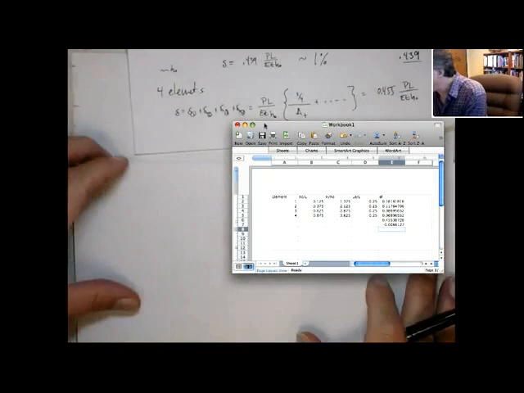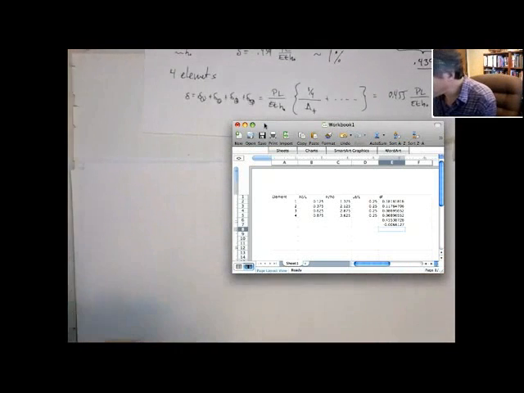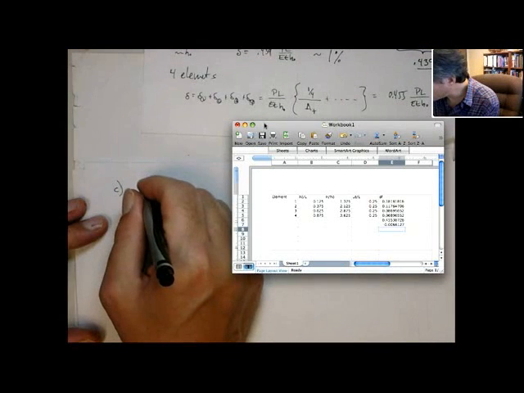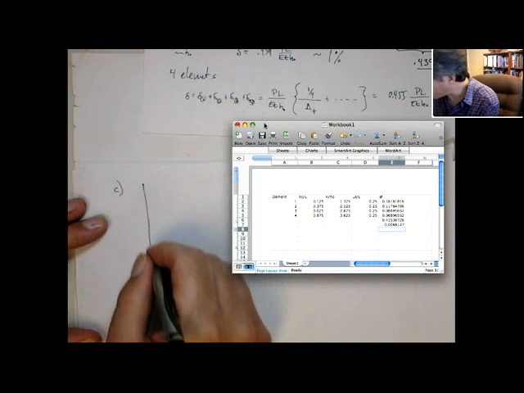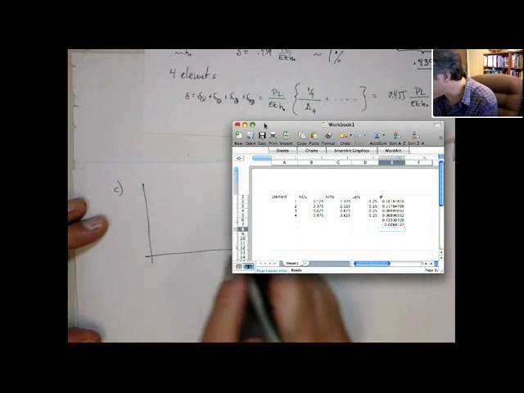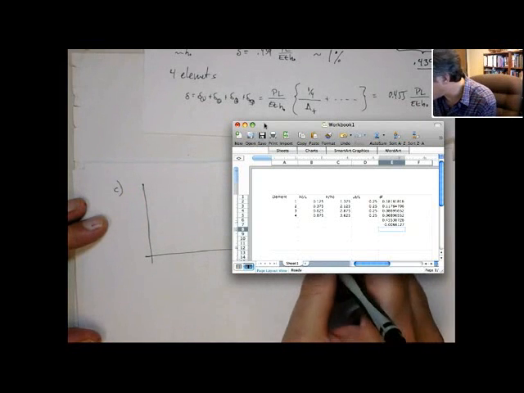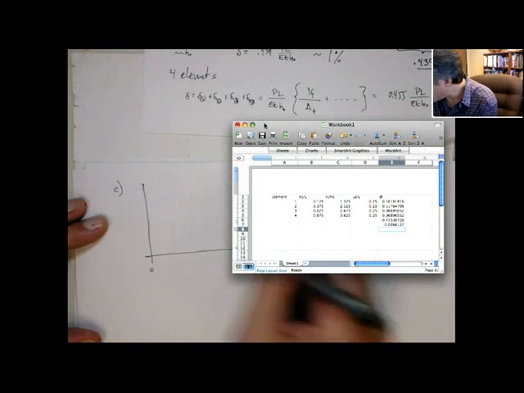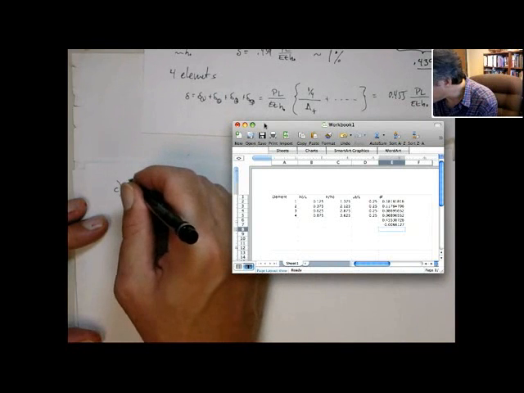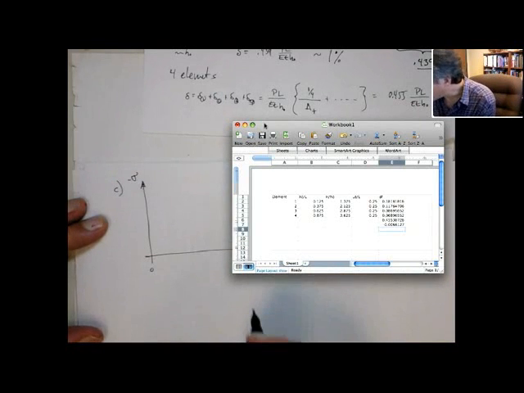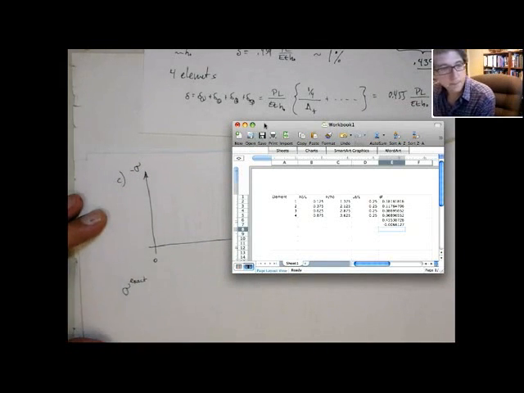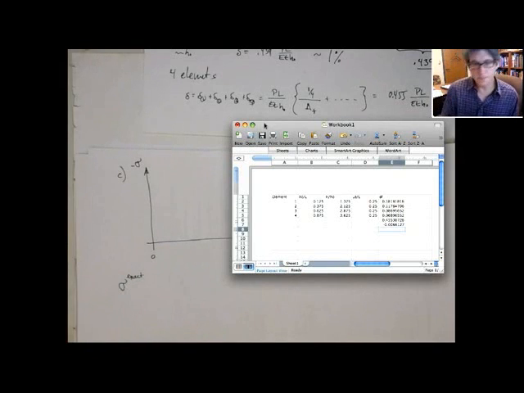So let's look at that. This is part C, so it wants to make a plot of, now I'm going to write the stress, I know it's compressional, but I'm going to write it on the positive axis. So here's X, this is 0, this is L, and we can put the negative stress if you want. Okay, so the first one is to do the exact case. Oops, let me get rid of this spreadsheet.